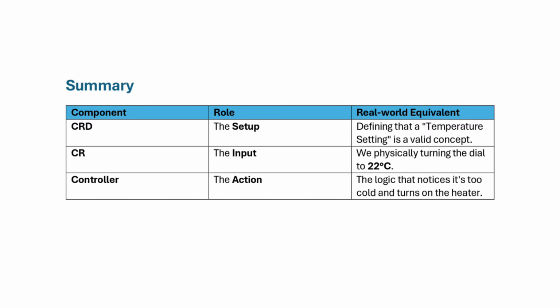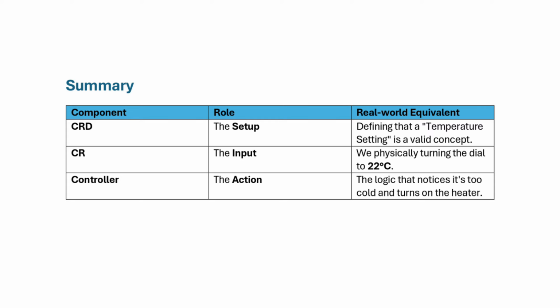Now the summary. Component: CRD. The role of the CRD is the setup. A real-world example would be defining temperature setting as a valid concept. Component: custom resource. The role is the input, like physically turning the dial to 22 degrees. The controller does the action of noticing that it is cold and turning it into the temperature we defined in the custom resource.